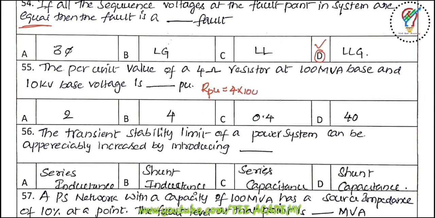So here MVA is 100, VB is 10, whole square. So what you'll get here is 4 into 100 divided by 10 square, so you'll get it as 4. Answer is B here.